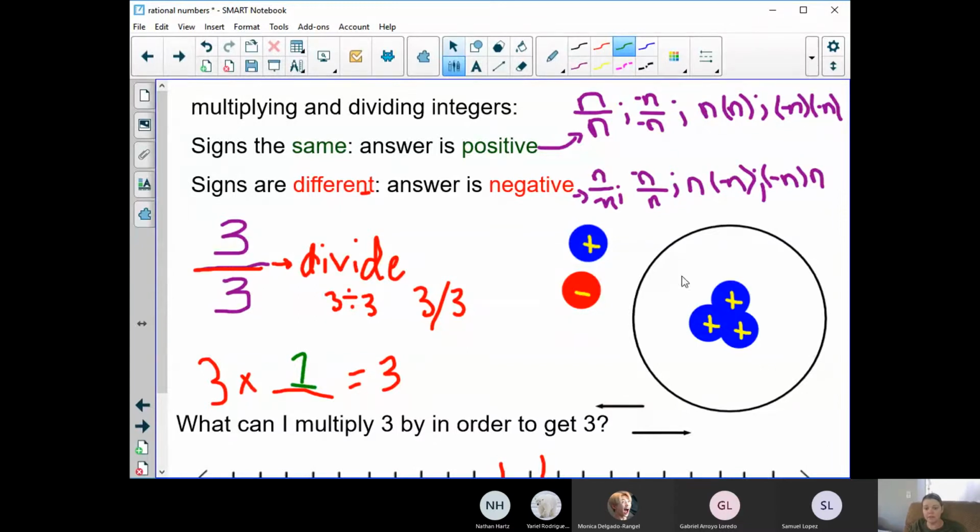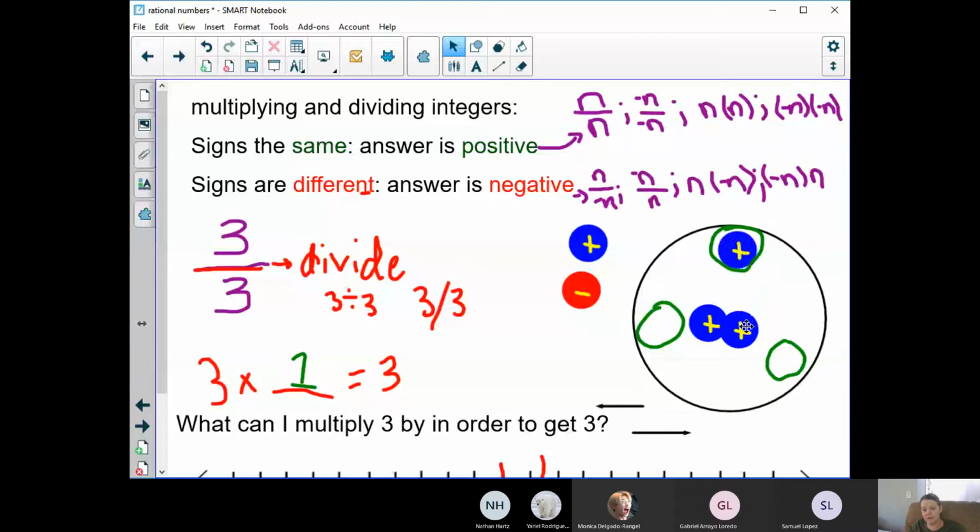And to model this, remember we used the counters yesterday? So I have my 3 here. And here's one group. I know I need 3 groups because I'm dividing it into 3 groups. I'm just going to start by moving 1 to each group until I'm done with all my counters. So there's 1, there's 2, there's 3. How many are in each group?